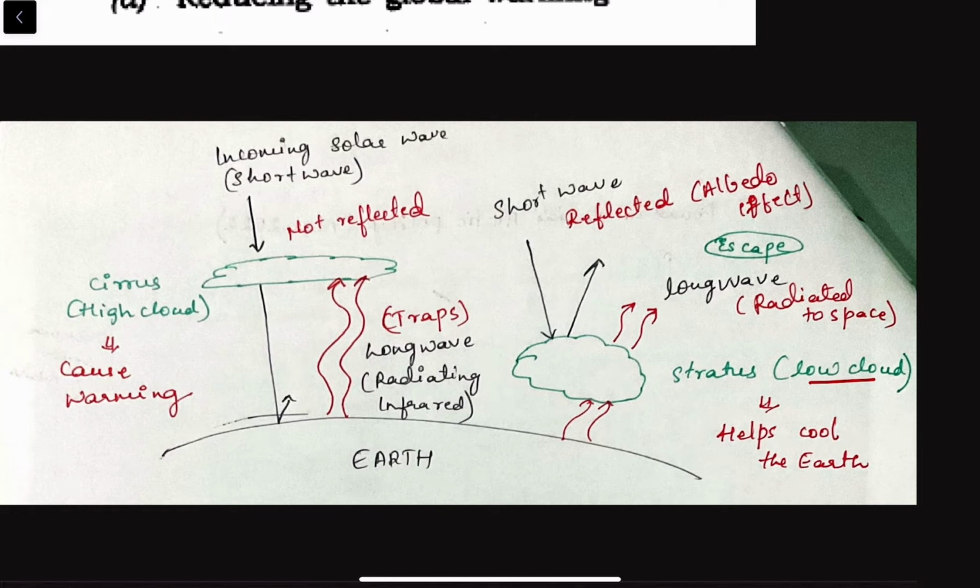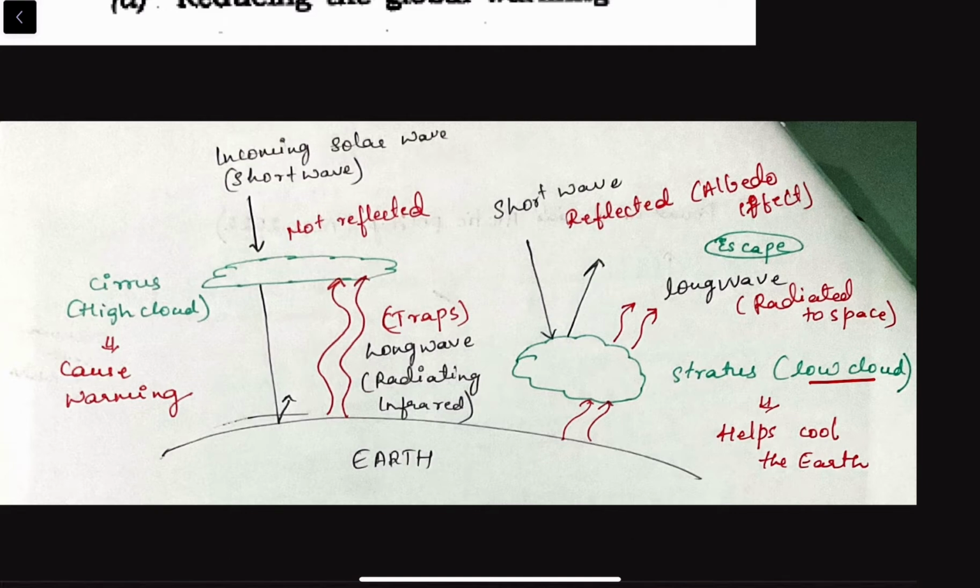Basically, when the incoming solar radiation hits the earth's surface, the earth's surface acts as a radiating body and it radiates long wave infrared radiation. Certain gases like carbon dioxide act as a blanket for this long wave radiation, but they are transparent to the incoming solar radiation. The increase in the amount of carbon dioxide has disturbed this heat balance, and much heat is trapped on the surface of the earth.